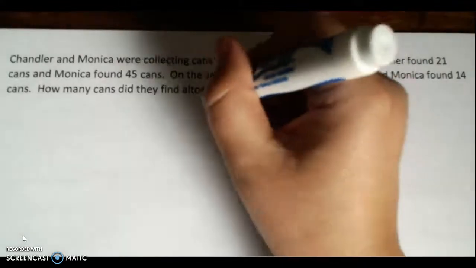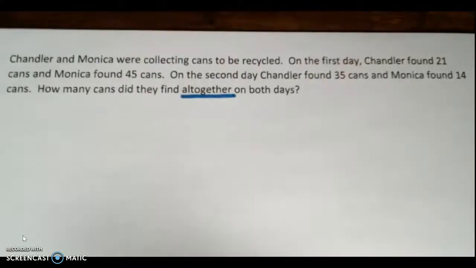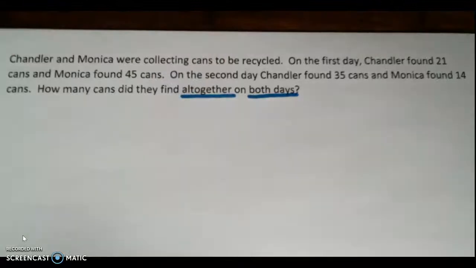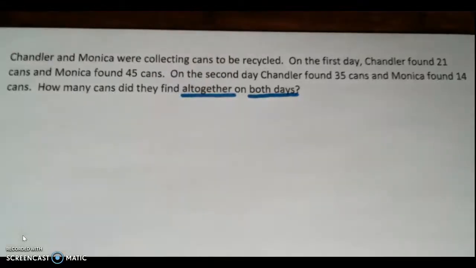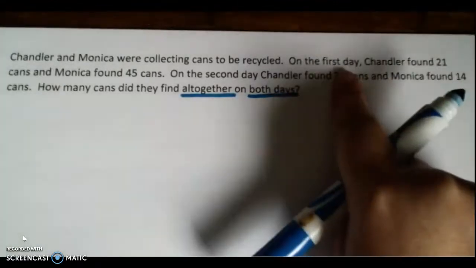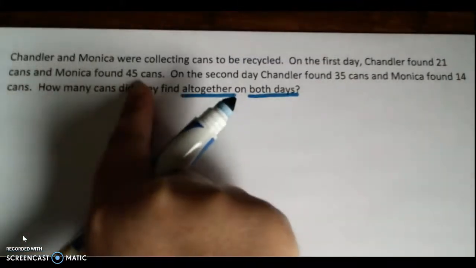Again, I have to understand what the word problem is asking. Altogether means they want to know how many in total. Both days tells me that they want to know how many they collected on both days combined. So let's look at our equation. On the first day, Chandler found 21 cans and Monica found 45.